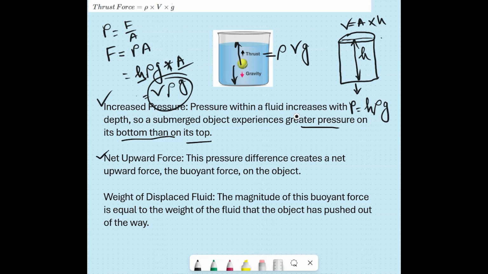And the second point, the net upward force. This pressure difference creates a net upward force, and this net upward force is actually the buoyancy force. Due to the buoyancy force, the object either floats or is submerged or sinks. So the buoyancy force is very important, and it is the reason whether the object floats or sinks.